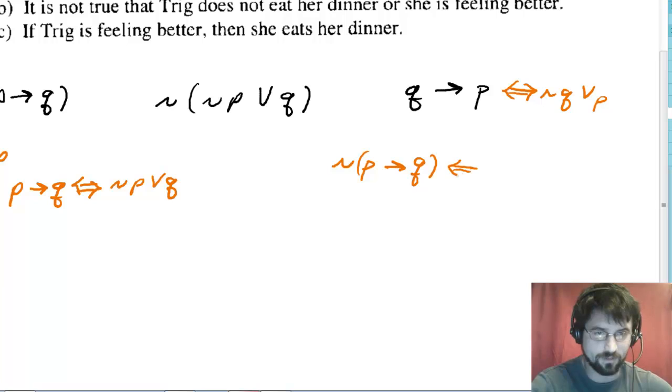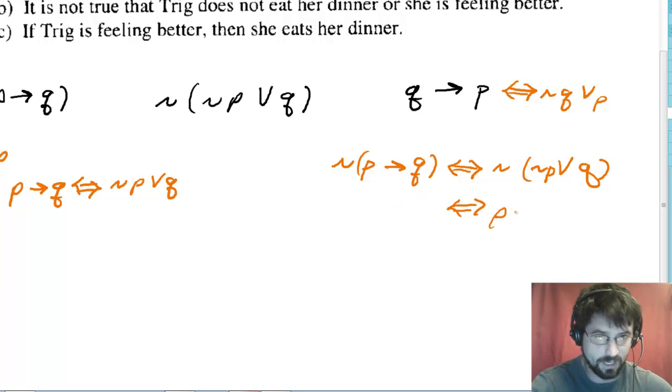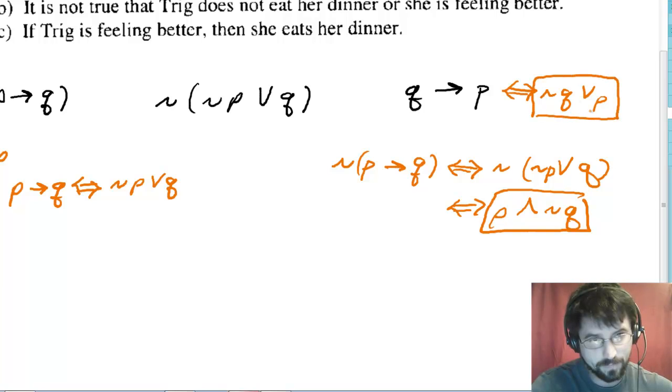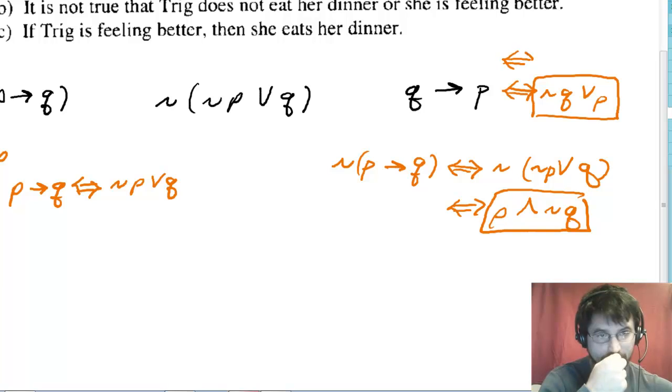And I know this is equivalent to not P or Q. And so this thing above is P and not Q. I can switch the order, it doesn't matter. So this is equivalent to, up top, P or not Q.